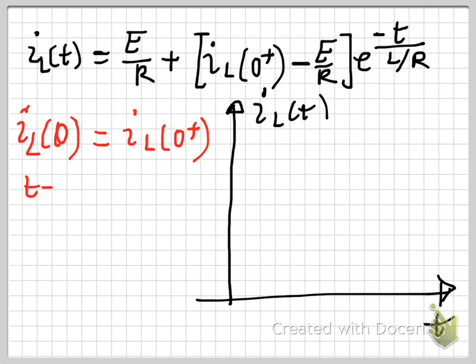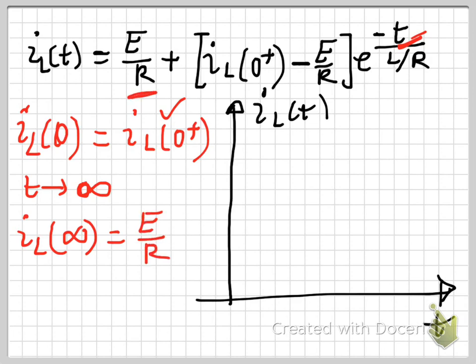Similarly, for t tending to infinity, IL at t equals infinity: the exponential term goes to 0, the whole term goes to 0, and you're only left with E over R, which is the maximum possible value of IL.